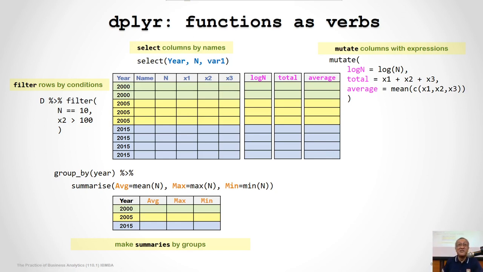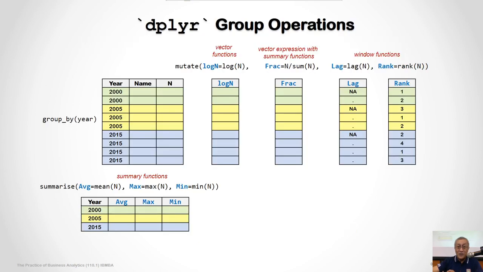Actually, for this pure vector operation, if you just do a mathematical operation on the existing columns, you don't need to do it by group, because the result will be exactly the same as doing it on the entire data frame, and it will be a lot faster actually.